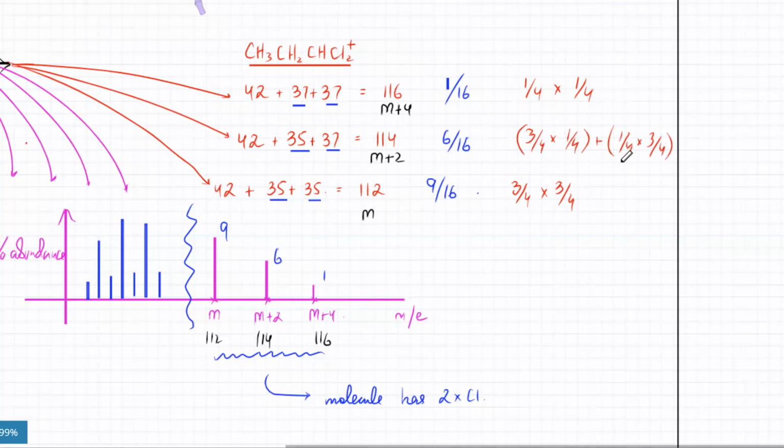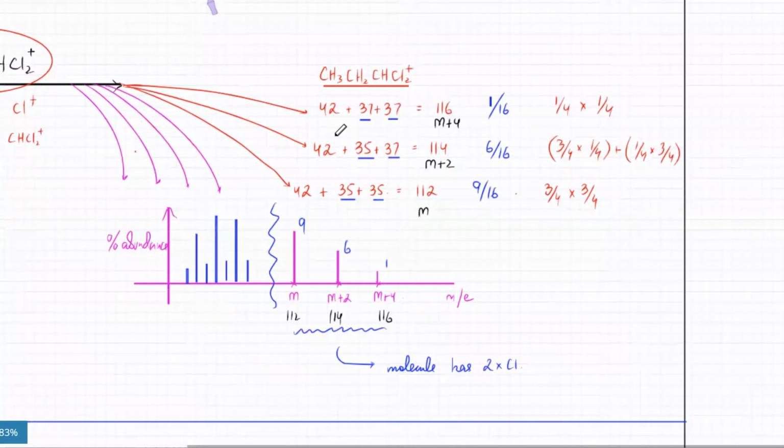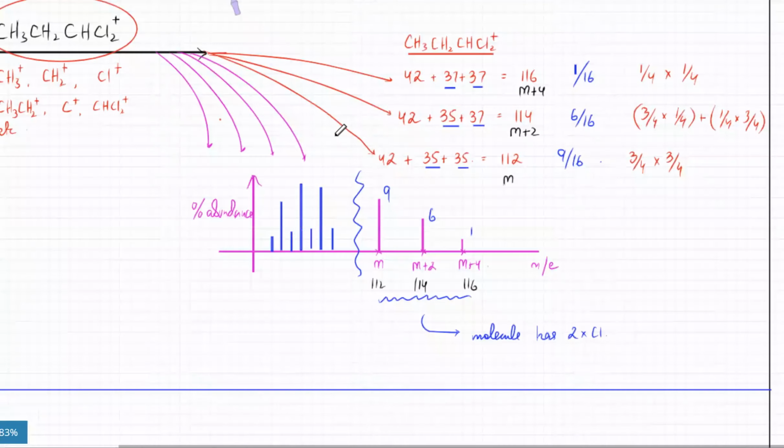That would give you 6/16. Remember, there would be two combinations and both of the molecular ions would give you 114. Either the second one is 37 and the first one is 35, or the first one is 37 and the second one is 35. So that's how you calculated the probabilities.